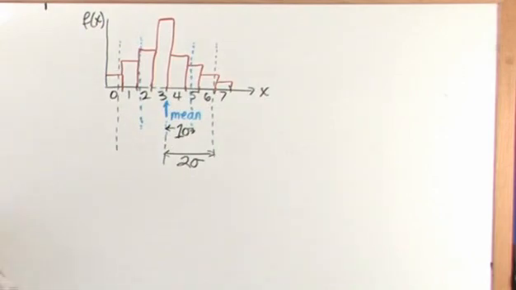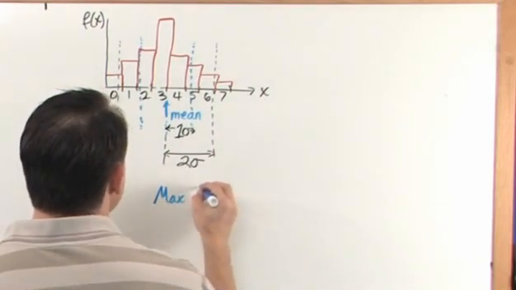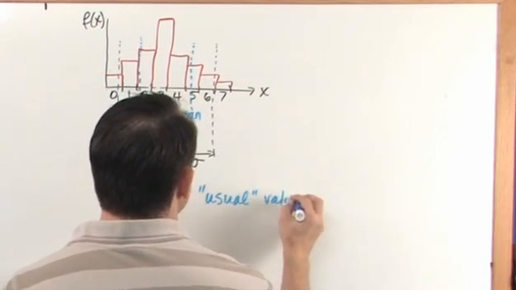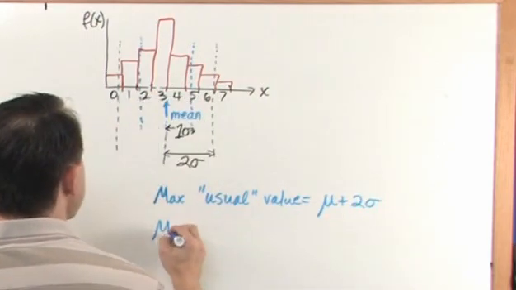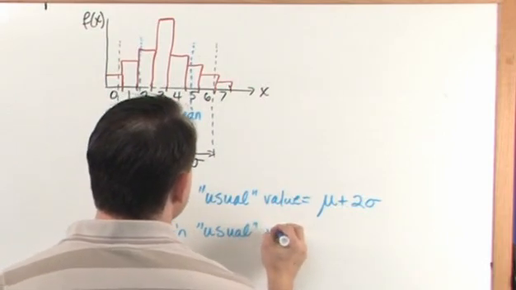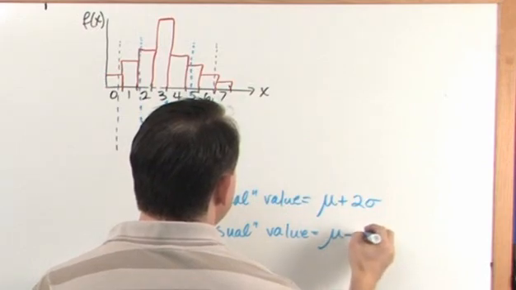Let me just write it down. The max, I'm going to put quotes around it, usual value is equal to the mean plus 2 sigma, and the minimum usual value is equal to the mean minus 2 sigma.